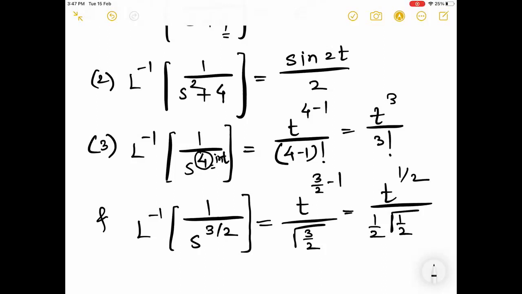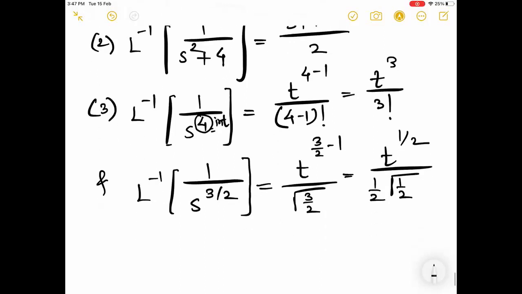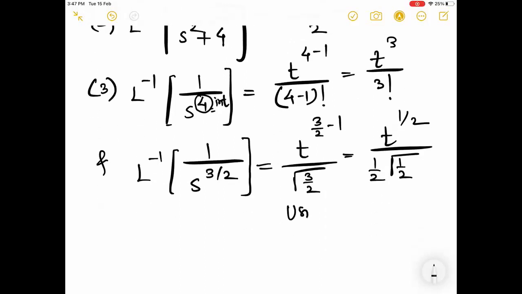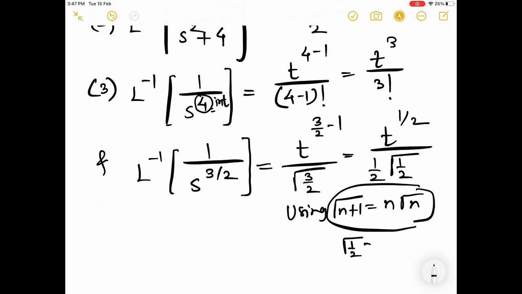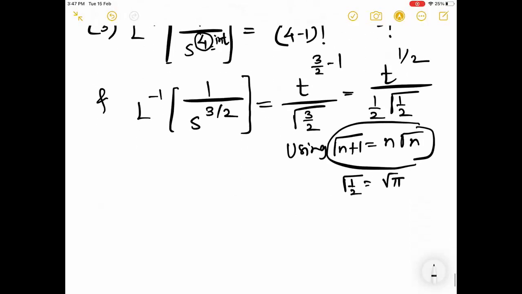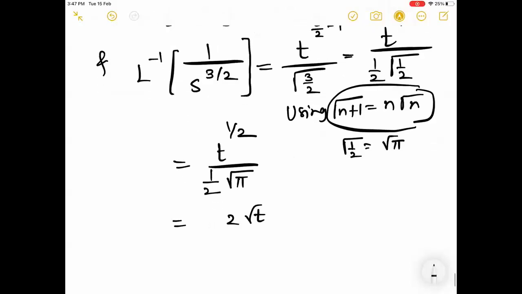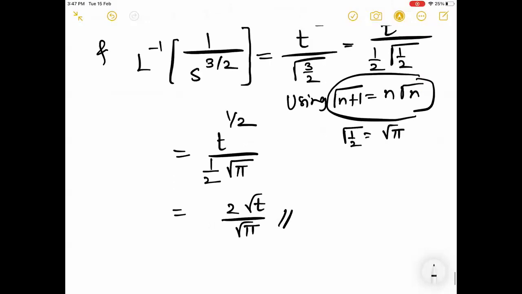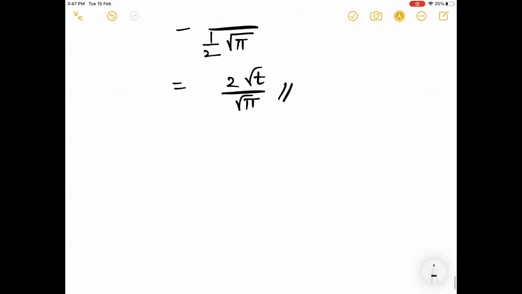Last time we wrote the reduction formula for the gamma function: gamma n plus 1 is equal to n gamma n. Using this, and gamma half is equal to root pi, which is a standard form, our answer becomes t raised to half, that is root t, upon 1 by 2 into root pi. So 2 root t upon root pi is the value of the inverse of 1 upon s raised to 3 by 2. Followed?